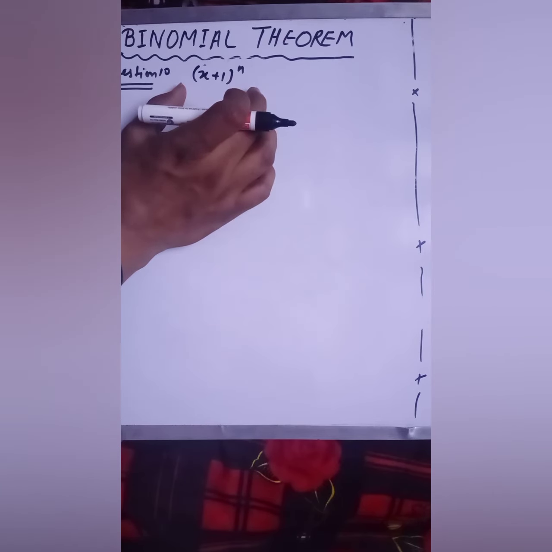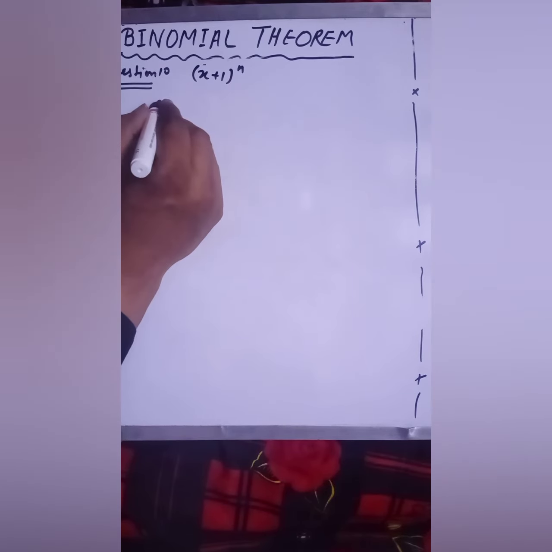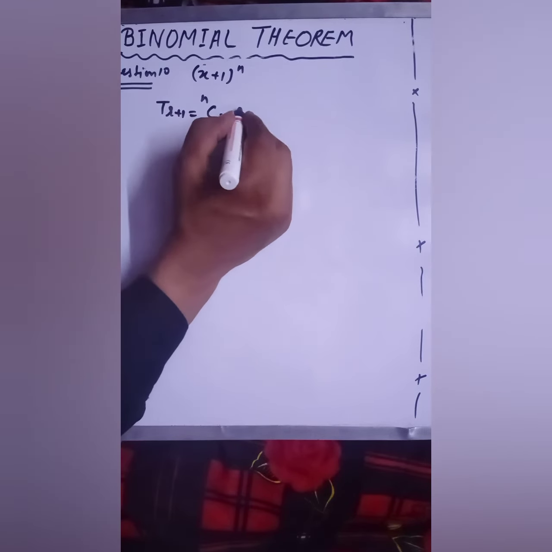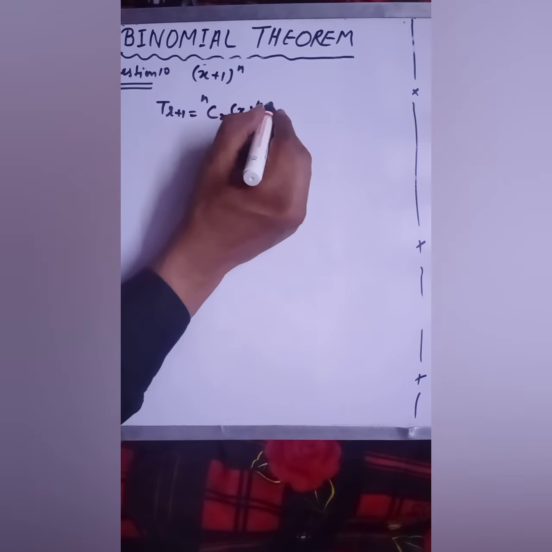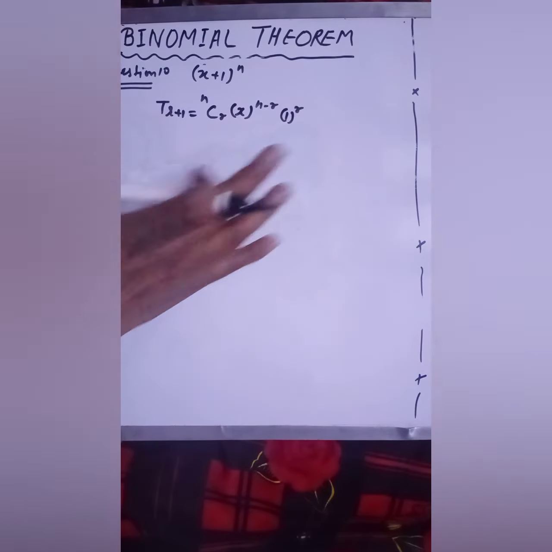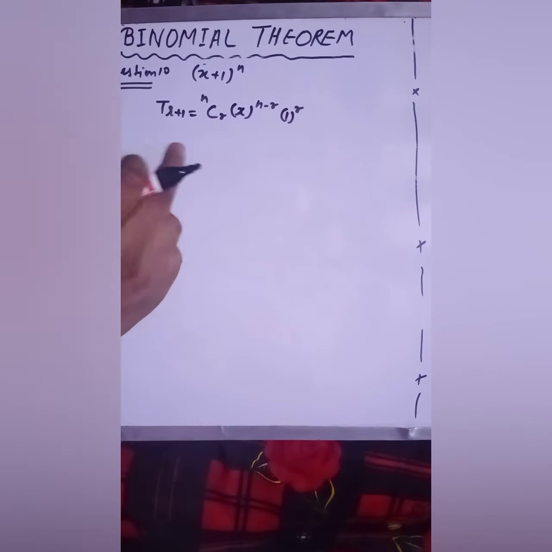Here I'm going to find the general expression, so the general expression is T(r+1) equals nCr x raised to power n minus r and 1 raised to power r. So this is the general expression. Now we have to find the r minus 1th term.